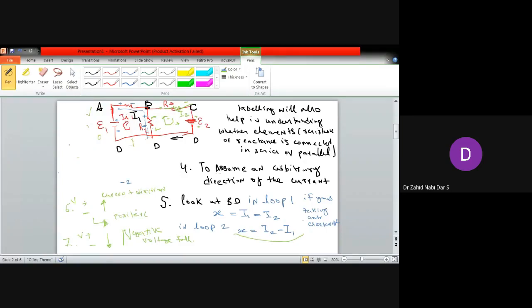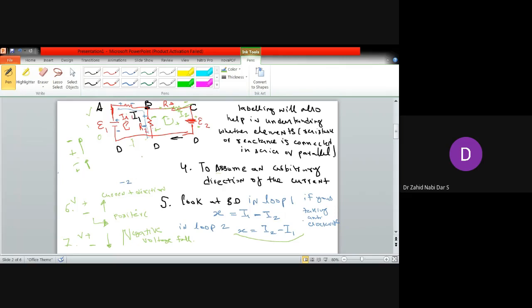Can you tell me what is the direction? Everything here is a fall. There is no rise because the direction of the current and this direction are matching. So everything you can take as fall.